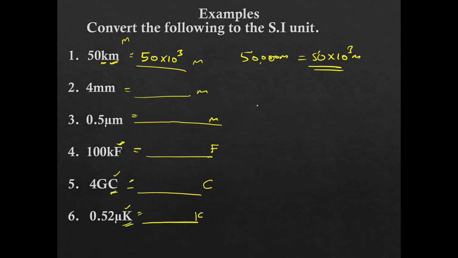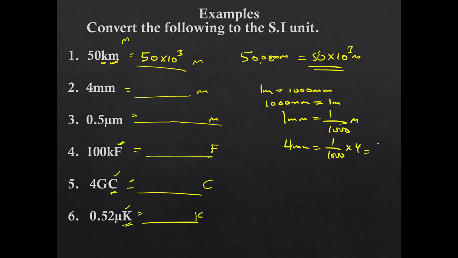Milli means divided by 1,000. You remember that 1 meter is equal to 1,000 millimeters, meaning that 1 millimeter is the same as 1 over 1,000. So divide by 1,000, meaning that our 4 millimeters would be equal to 1 over 1,000 times 4, which gives us 4 over 1,000, which gives us 0.004.